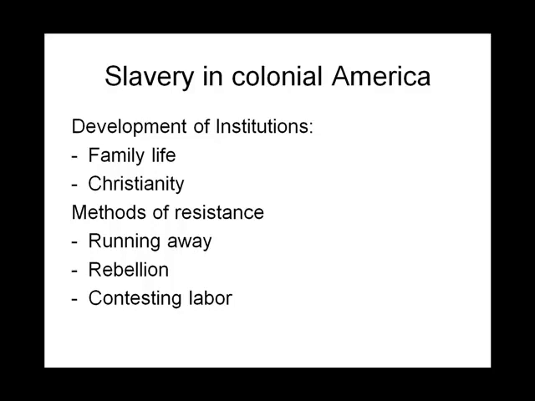Now, this did not mean that all African slaves adopted Christianity by the 1700s. What the author is trying to say is that Africans initially resisted Christianity because it didn't seem to connect with them.